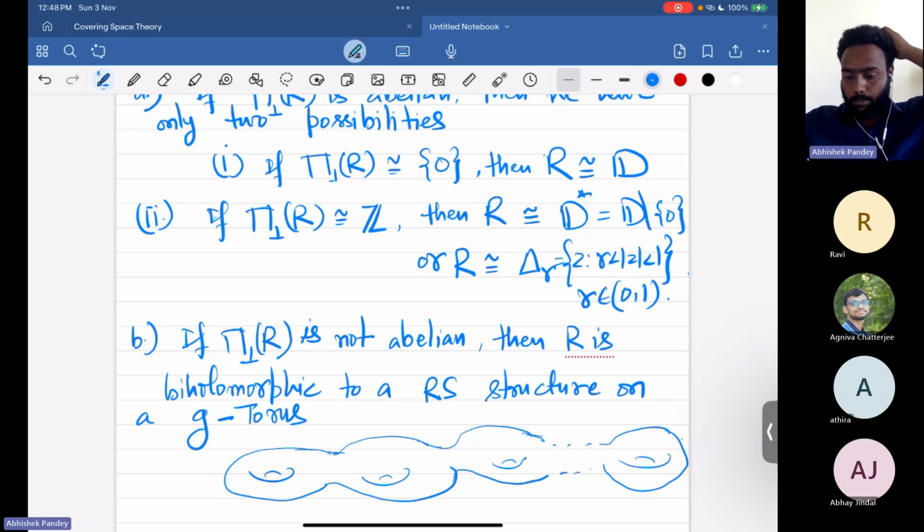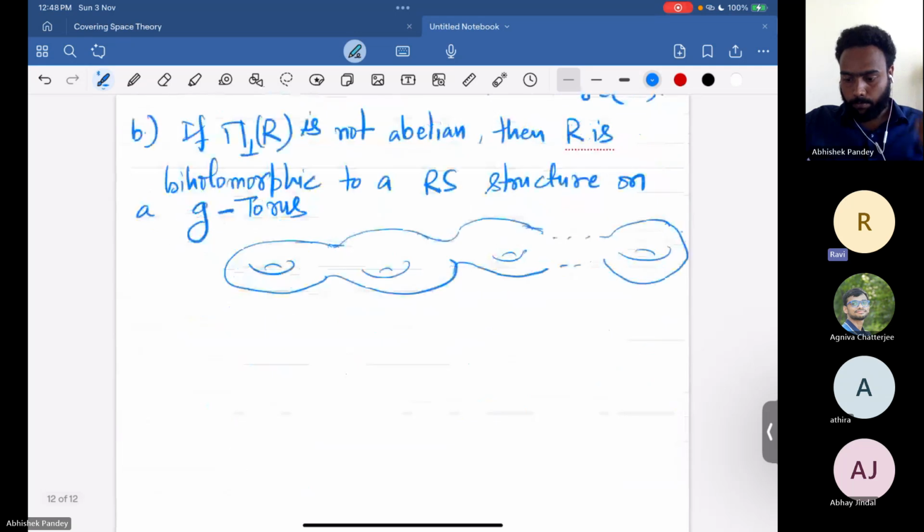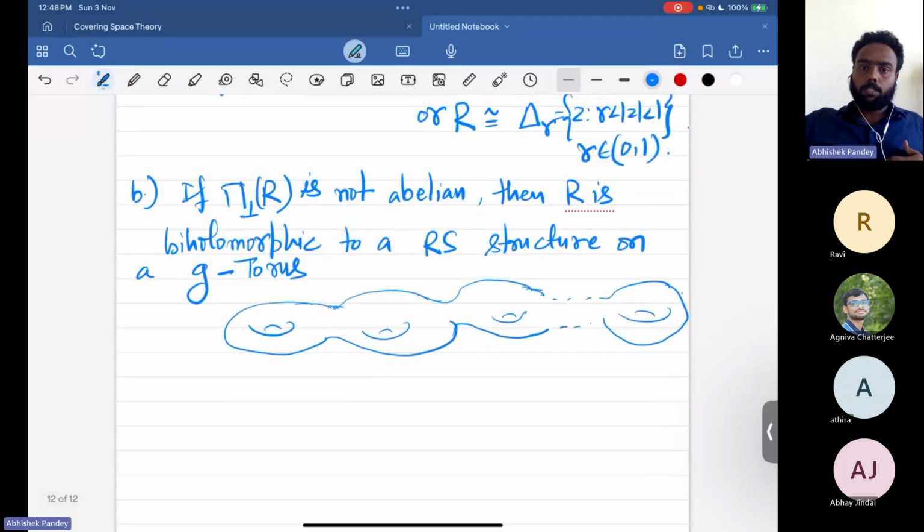So these are the cases. So here g is the number of holes in the torus.